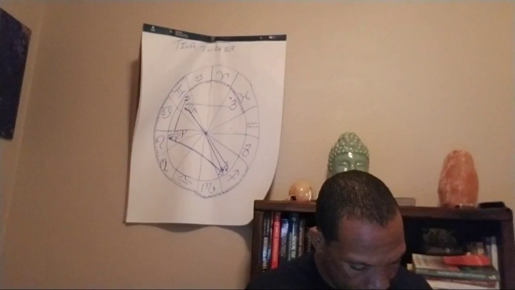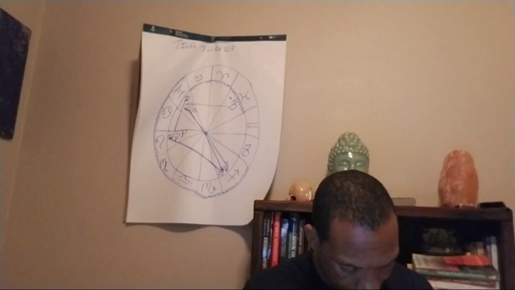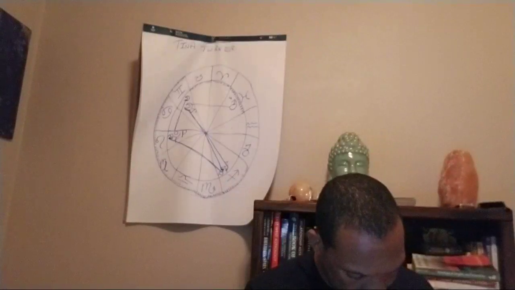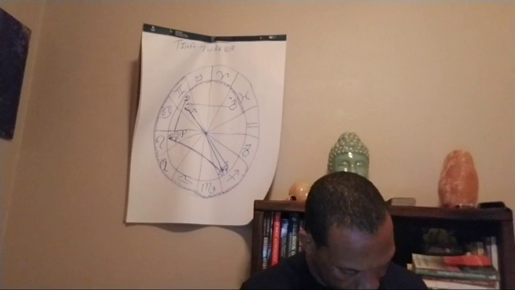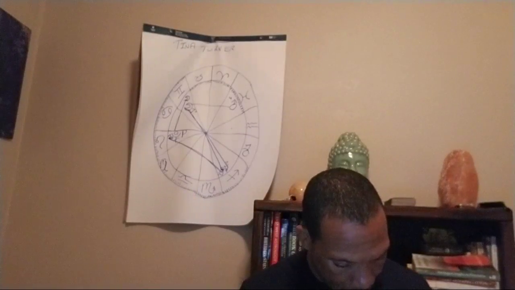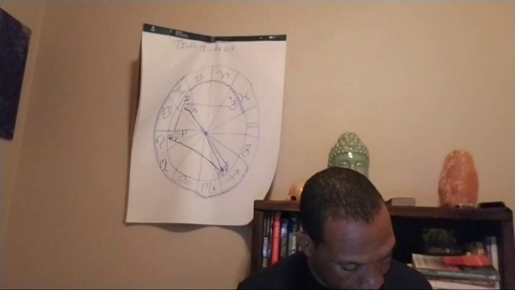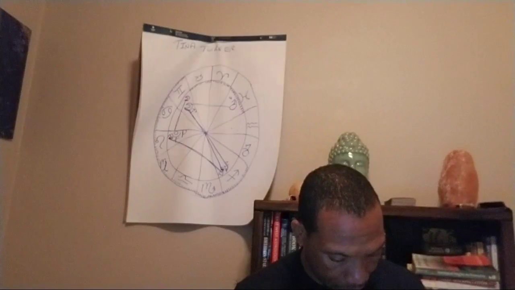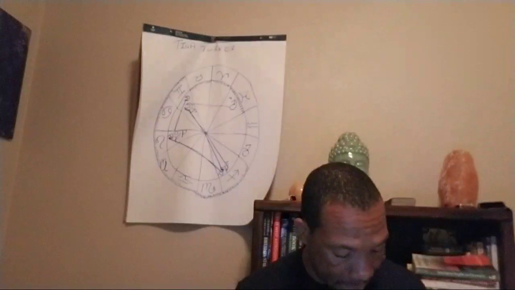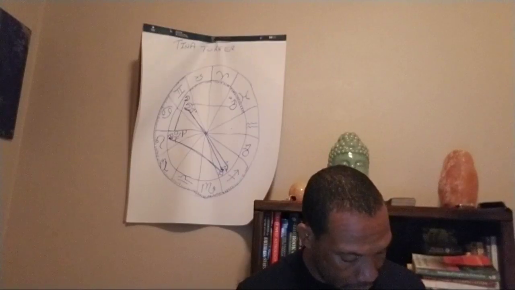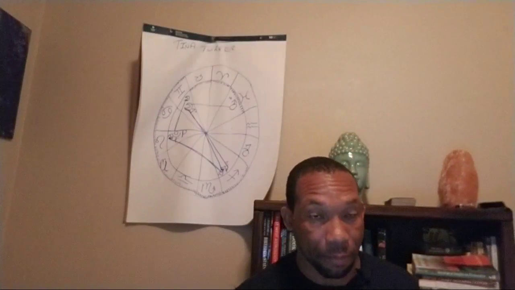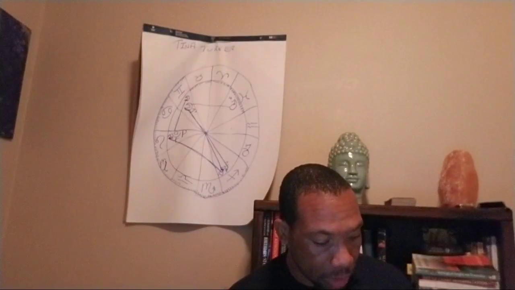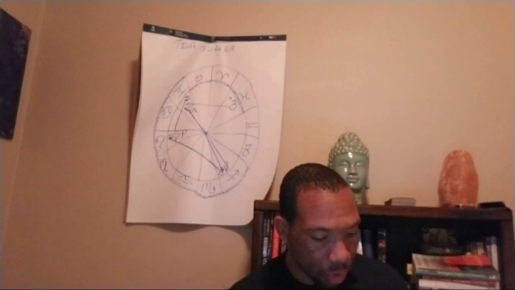I want you to turn to page 152, which is going to show you the aspects. You're going to see quincunx, which I didn't really explain, but we're going to get to that. But I want you to focus on the opposition, the trine, the square, the sextile, and the conjunction.